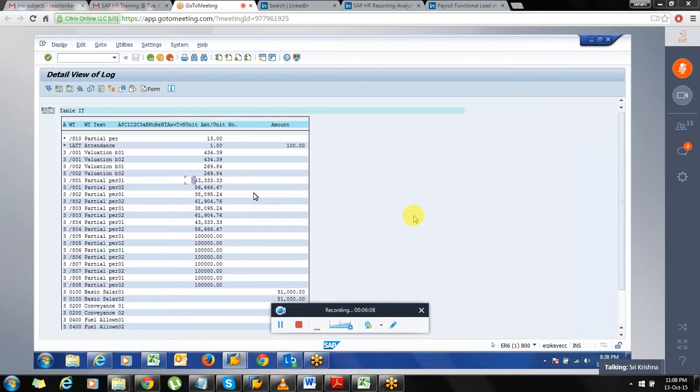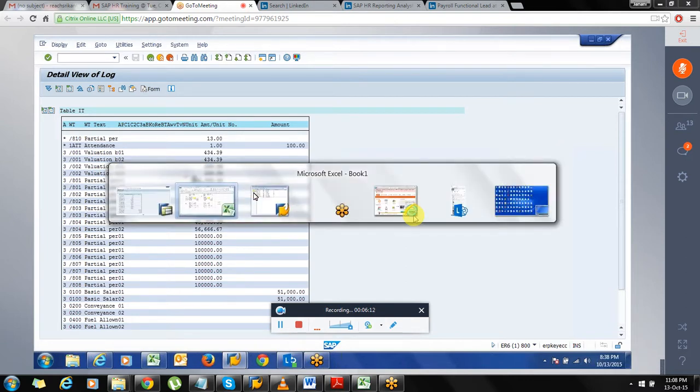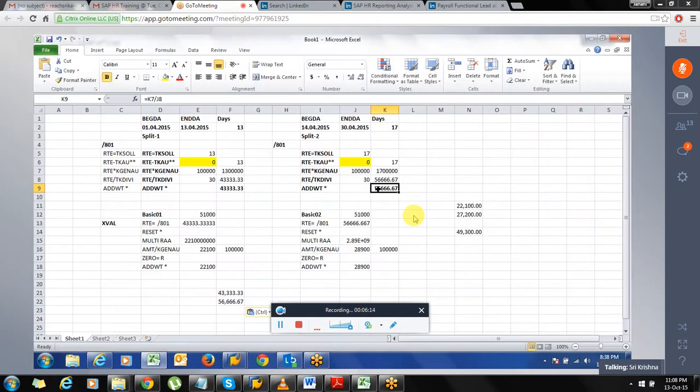So these are the numbers for the first wage type and the second wage type for the two splits. Likewise, if you have further splits, it will bifurcate according to the split period and calculate the rate.